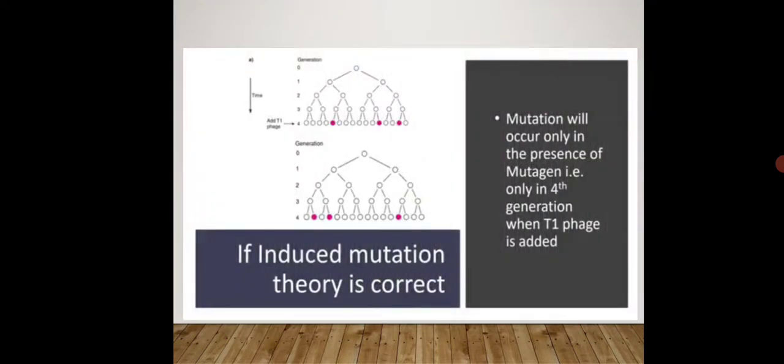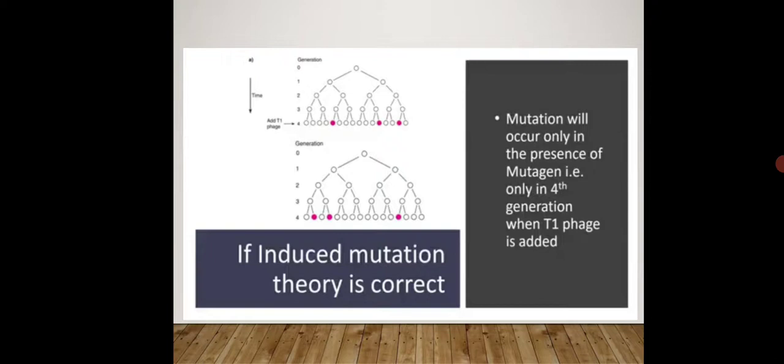After that, in the 4th generation, scientists added T1 bacteriophage. Bacteriophages are viruses that attack or infect bacteria, and for their replication they use the host machinery, the bacterial cell machinery.